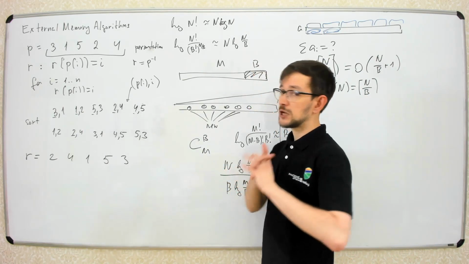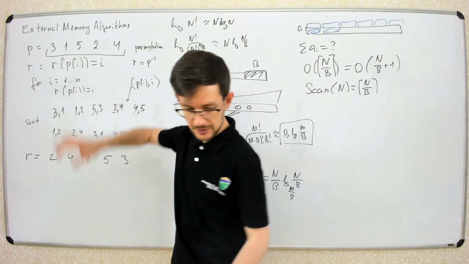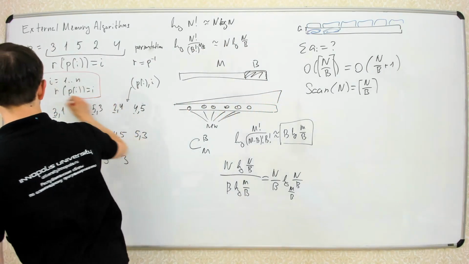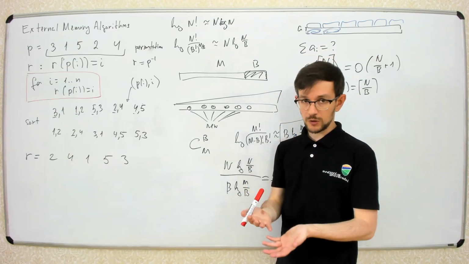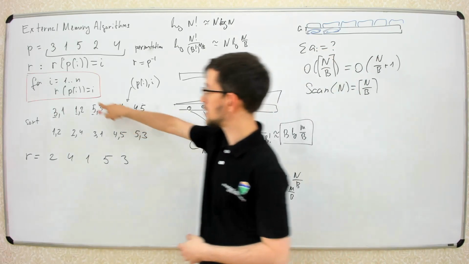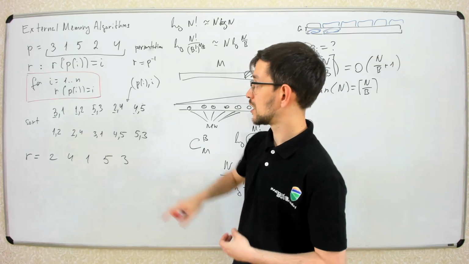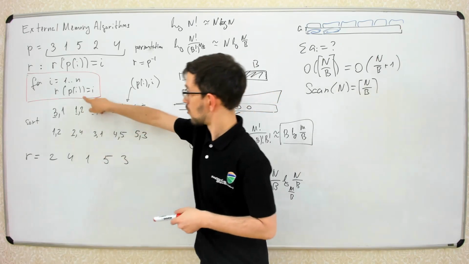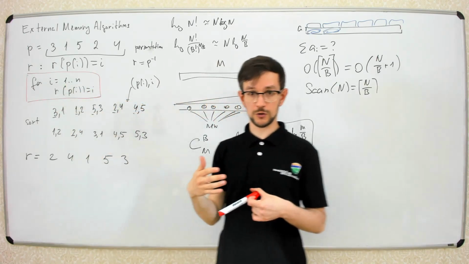Again, in the RAM model, when you need to build the inverse permutation, you just do it like this. In the external model, you cannot do it like this, because here you access some random elements of your array. But since the order of these operations doesn't matter, we can perform them not from 1 to n, but in some different order.